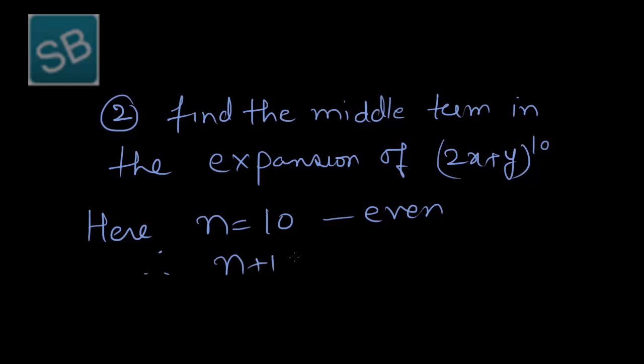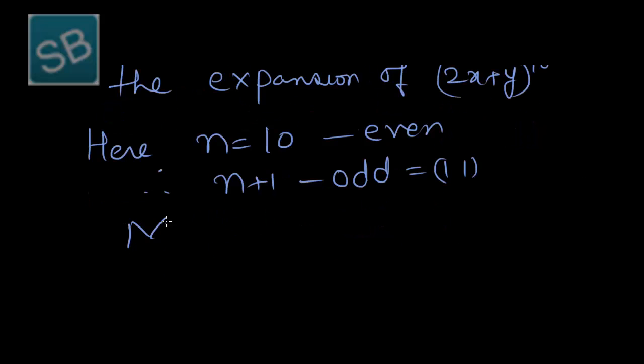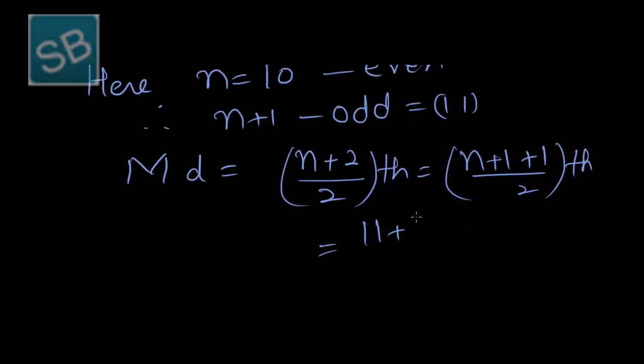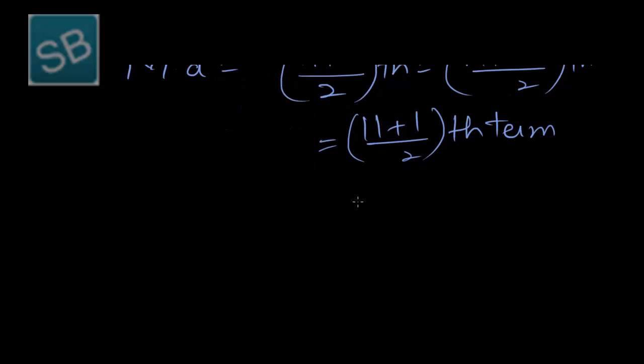Therefore n plus 1 is odd, that is 11. Therefore the middle term is the (n plus 2) over 2 term, that is 12 over 2, that is the 6th term.